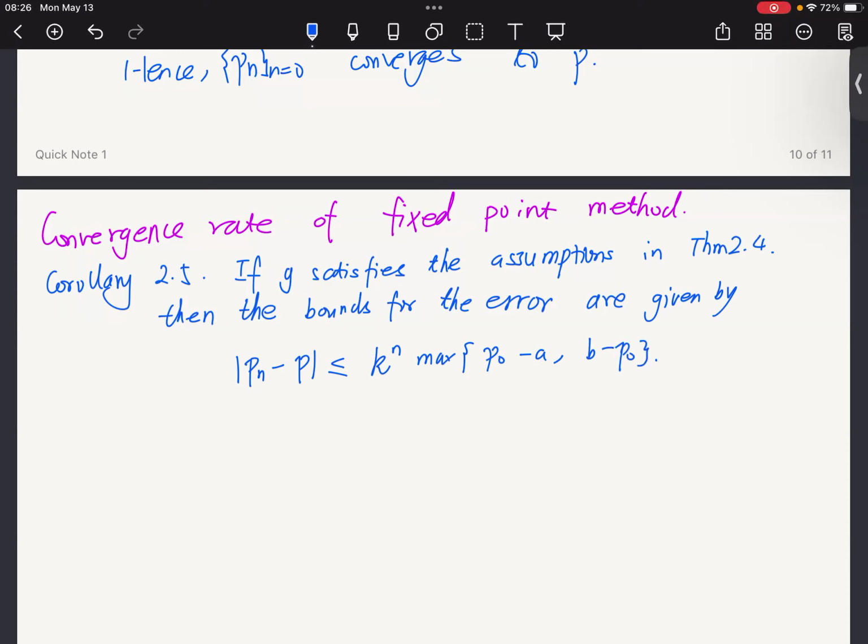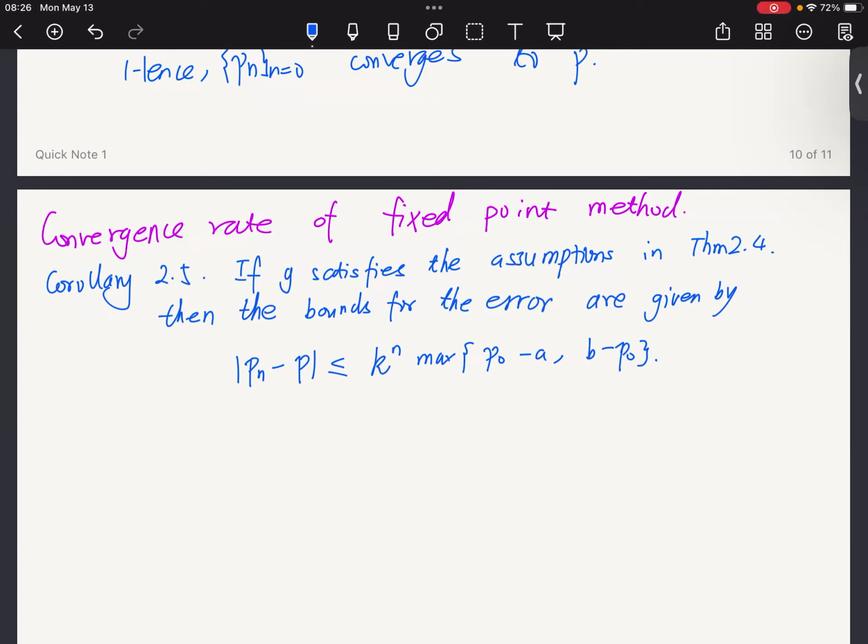And this is the maximum of the initial guess to the left endpoint, and the right side is the right endpoint to the initial guess. So we take the maximum of them.